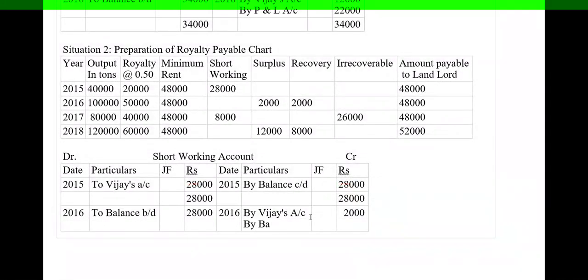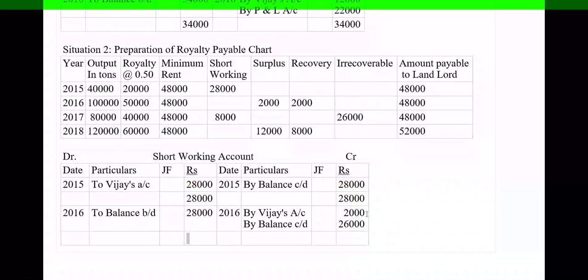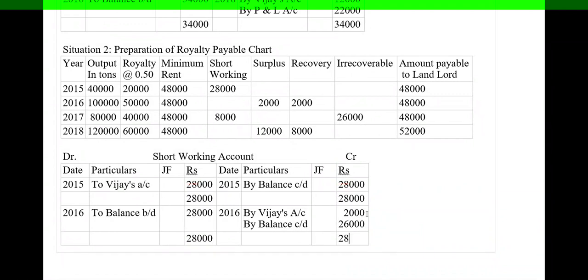So by balance carried down here, 26,000 is the balance remaining. So now let us take the total, 28,000 here, so here also 28,000. So in 2017 this will be brought down, so to balance brought down.